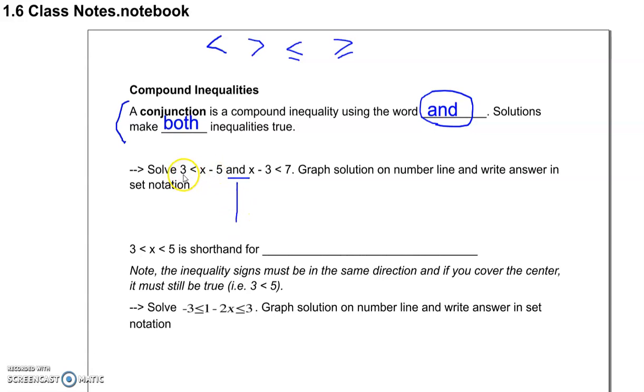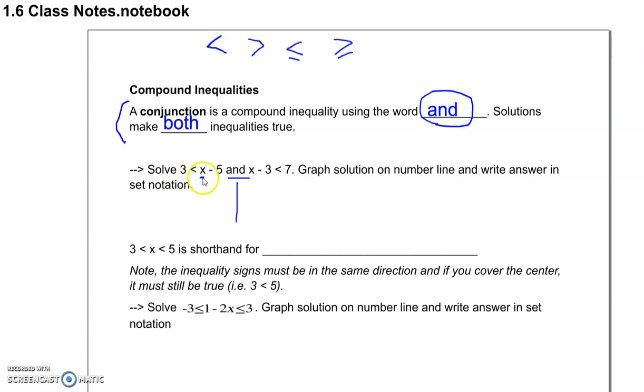So I'm going to solve 3 is less than x minus 5 to find out what values of x make that true. And then completely separate, I'm going to solve x minus 3 is less than 7 to find what values of x make that true. And then we are only going to include the points that make both of those true.